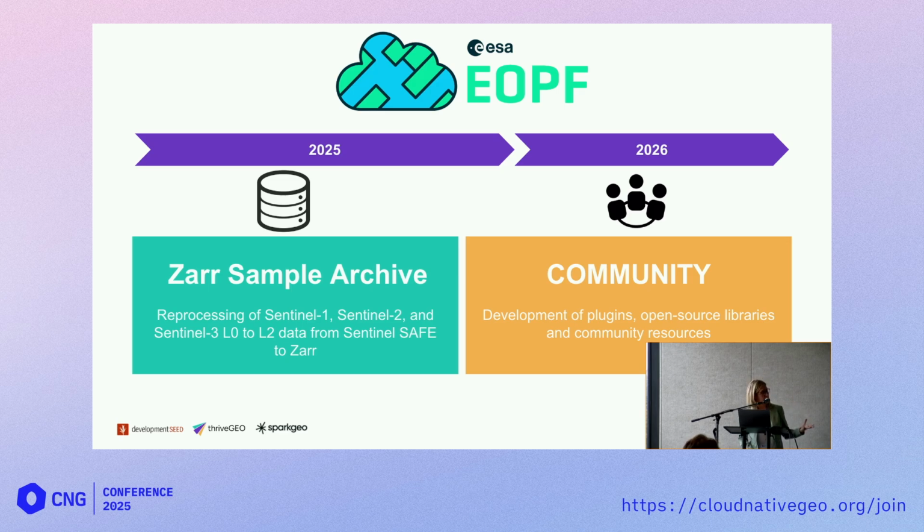And together with this, because you heard this also already in the morning, without community and without capacity building, there's also no uptake. So the second very important building block of this activity is to develop plugins and open source libraries to support users with different types of technologies to use Zarr data, and also to develop community resources.